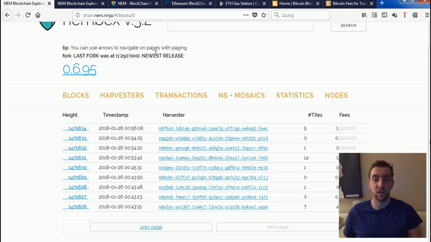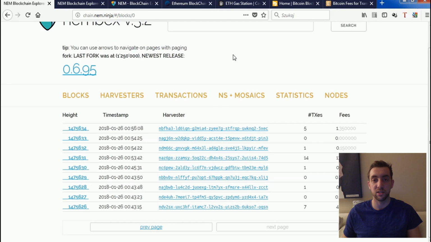So the fees are constant. You can't change them. You can pay more fee if you want to, but if you're using one of the official NEM wallets, the fee scheme is standard in those wallets. So you are paying as much as needed. You don't need to calculate it on your own, because those fees are standard.